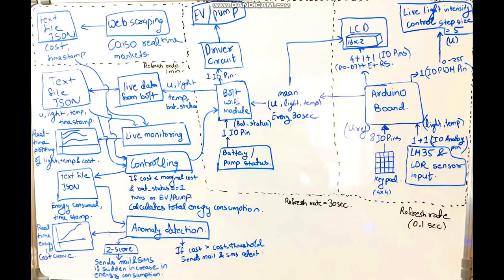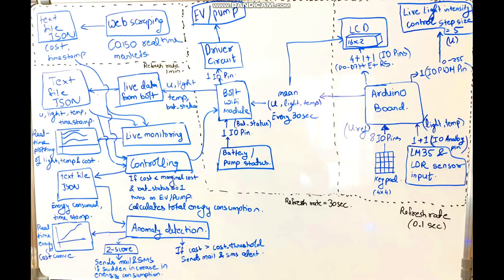The Bolt Wi-Fi module is connected to the electric vehicle or pump, and it commands it to turn on the charging. So this is the driver circuit. Using this, I can command the electric vehicle or pump to start charging.